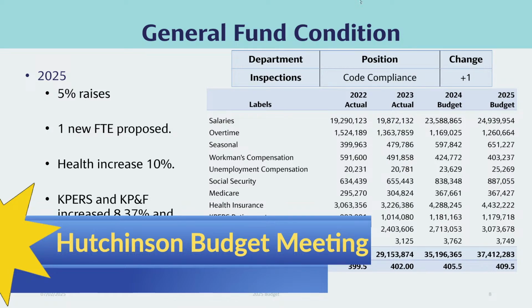And then CAPERS and KPF are increasing 8.37 and 6.75%. So the chart, and this chart is in your handout as well, shows what that means for salaries. So you're looking at about 2.5 million of increases in salaries alone due to these trends.